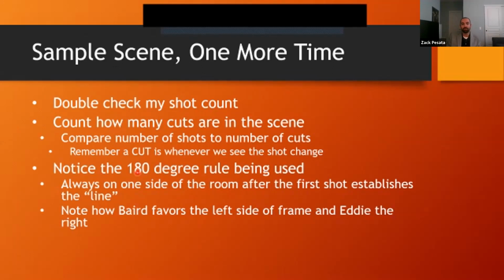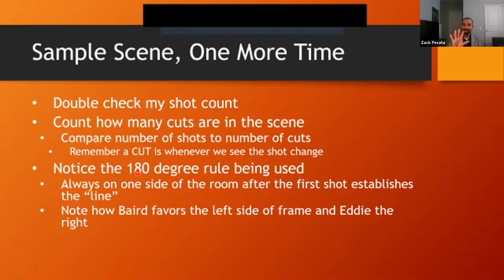And then also, this is important. I know you're doing this on your own, but hopefully you're taking notes. Have a piece of paper and literally start taking a tally of every cut that you see. Remember, a cut is whenever you see a new shot in the sequence, not a unique setup. That is different.